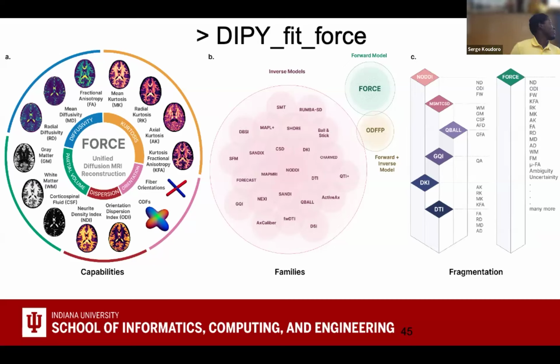Why did we implement this model? Currently, all the models here are the family of the inverse model that you can see here. So what is the inverse model? It means that from the signal, okay, we imply the tissue. We try to guess the tissue from the signal.